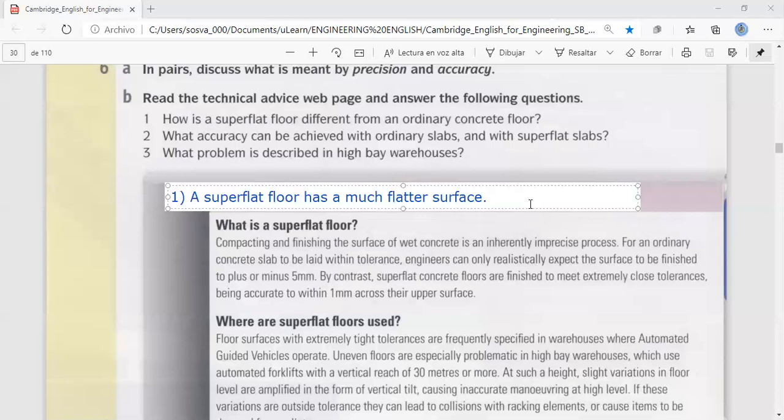In any other explanation of this one, I might say that it's finished a little bit more precisely. Exactly. Let me just write it in here. It's finished more precisely than an ordinary concrete floor.